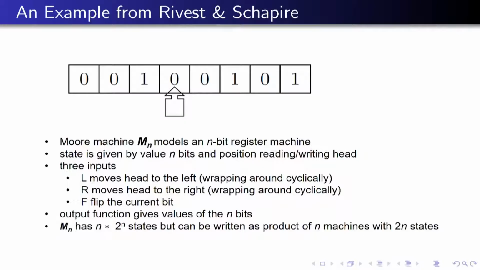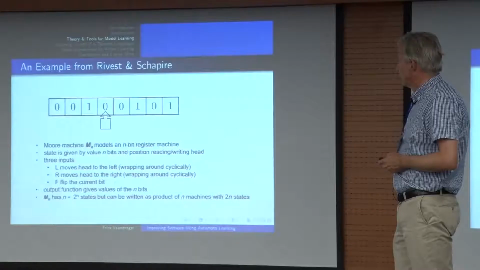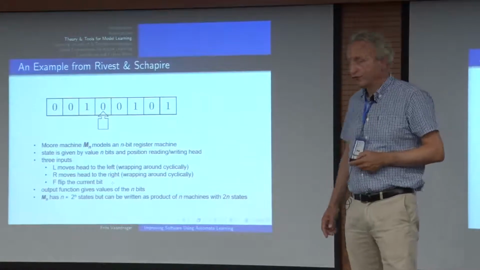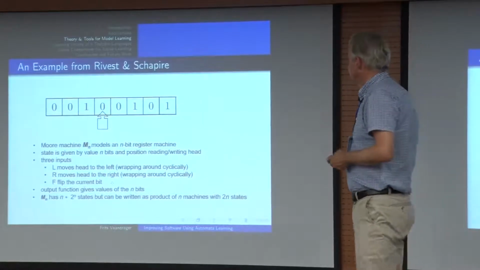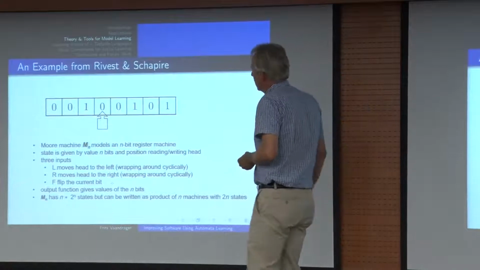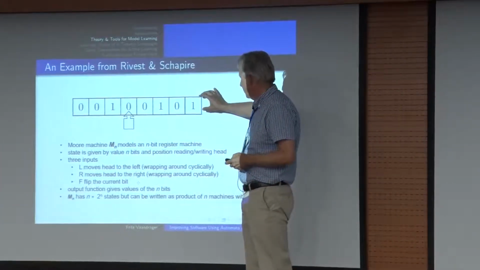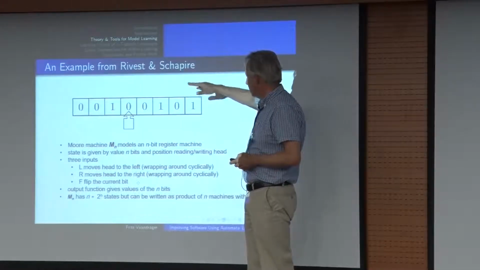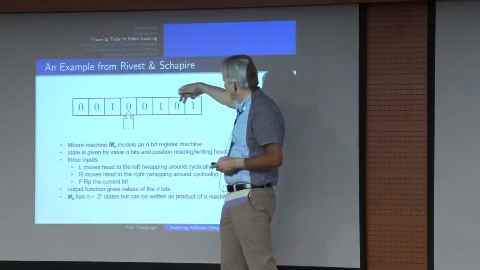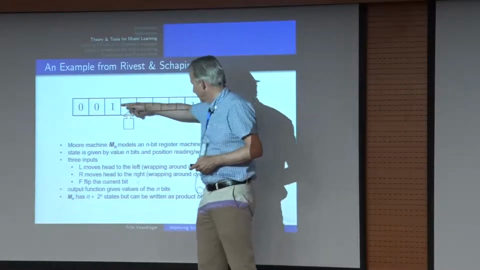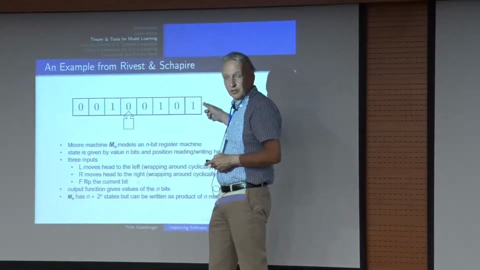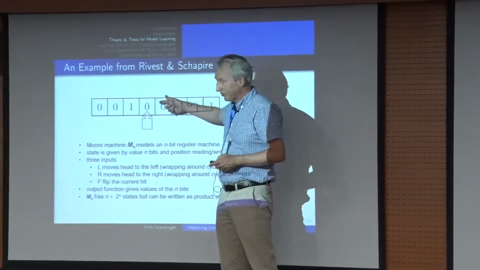Here is an example from a paper from Rivest and Schapire. Here we have a Moore machine which models a simple sort of register machine. The state of this register machine is determined by n Boolean values, which are stored on a tape.